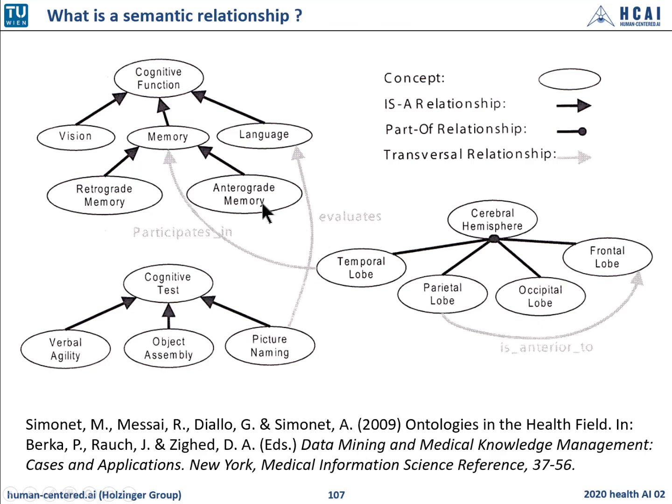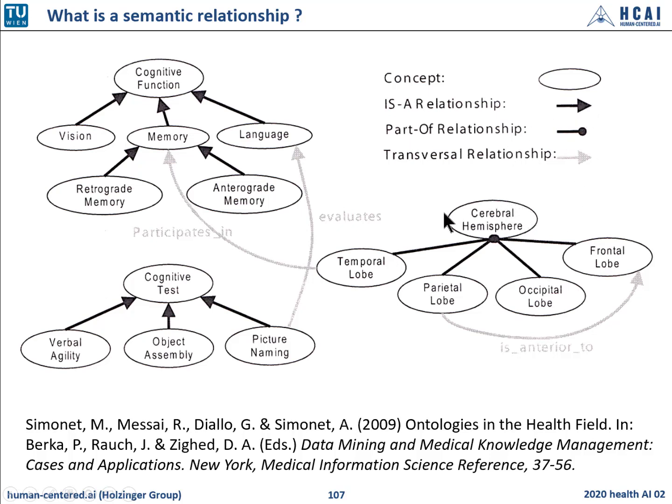Okay, what is a semantic relationship? So this figure presents an example from cognitive science. Here you see cognitive function, language, memory, vision. So here you have the concept of cognitive function. Then you have this is-a relationship, this is the fat arrow here. And this is part-of relationship.